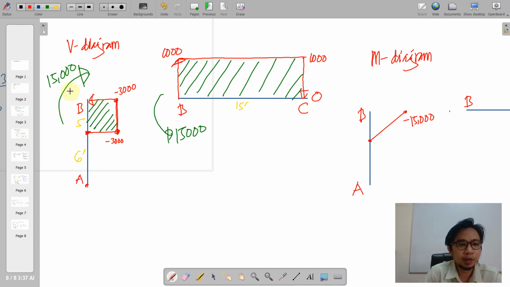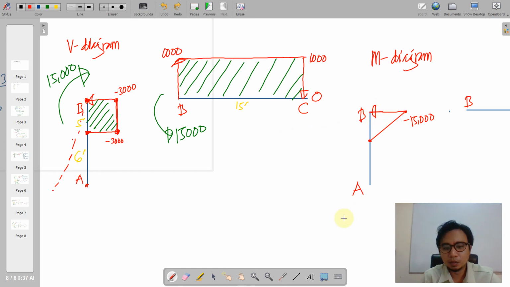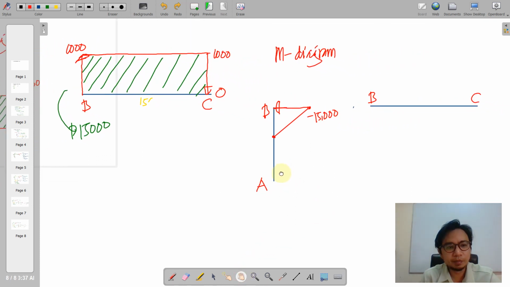If you're going to apply 15,000 here and then pin your frame here, of course it will have an outward orientation of your frame here. And that is positive. If we have an outward, of course negative 15,000 plus positive 15,000 is a 0 moment here at B.